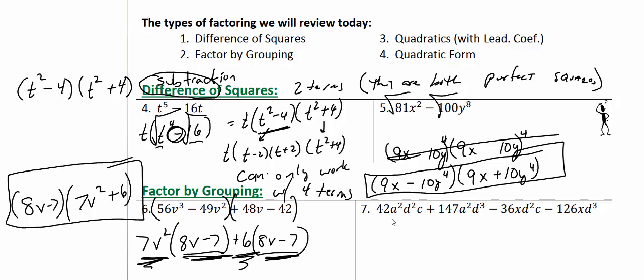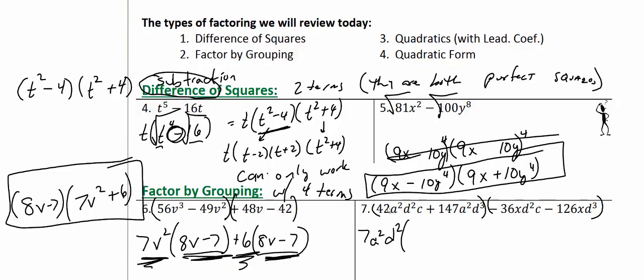All right, number 7. Let's look at it. What can I take out? So I remember this is 4 terms, so the first 2 are grouped together and the last 2 are grouped together. What can I take out? 42 and 147. Actually, I can take out a 7. I can take out an a squared, and I can take out a d squared, and that looks like to be it.